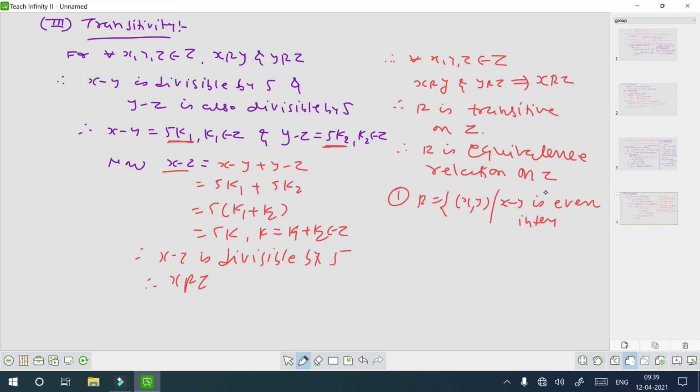On the same line you are going to check it. In place of 5, here 2 comes, a multiple of 2. So this one is also an equivalence relation.